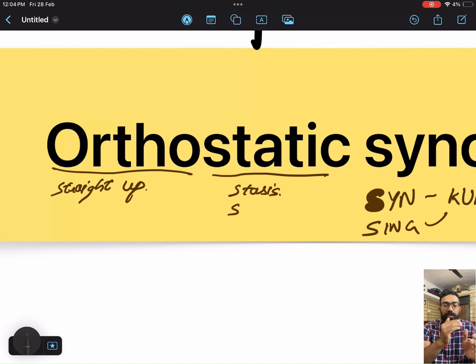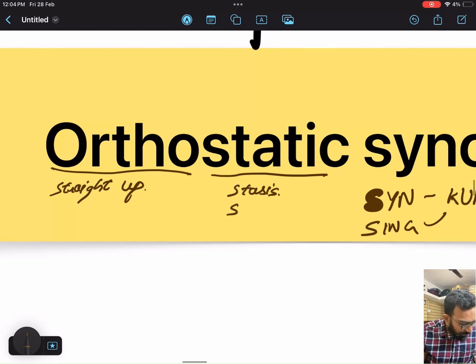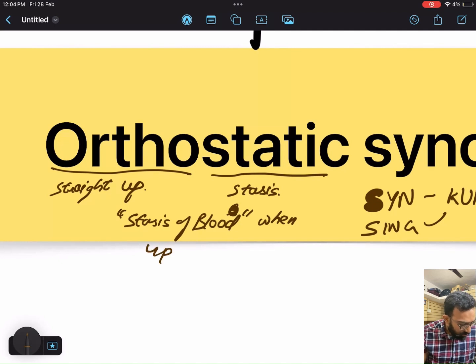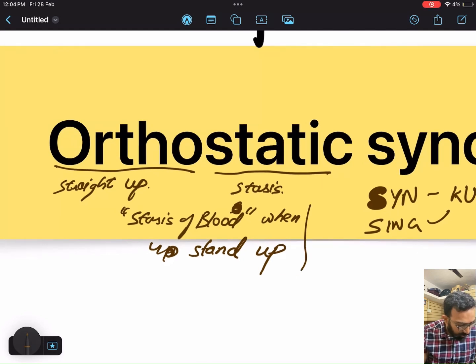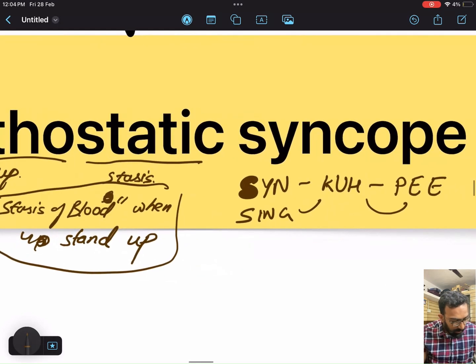Water in a river is flowing, water in a pond is in stasis. So orthostatic means there is stasis of blood when you stand up. Because of this stasis of blood, there is syncope.